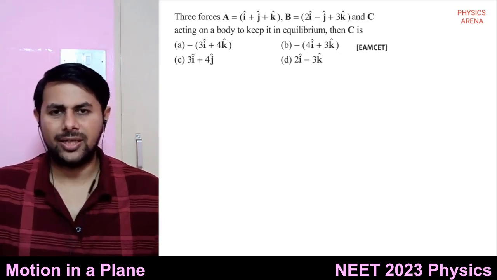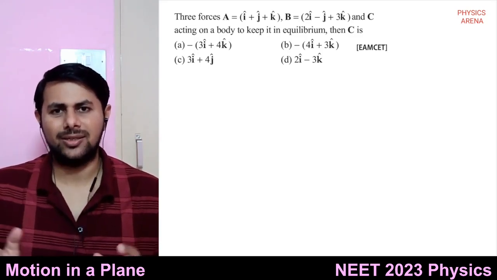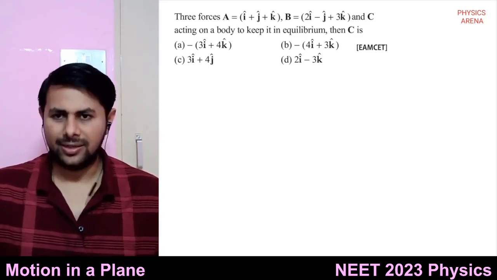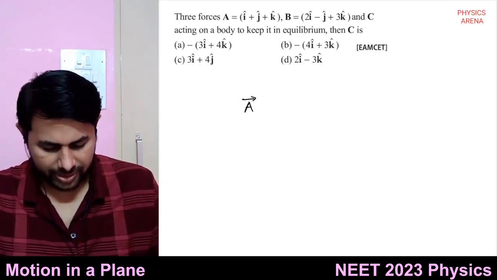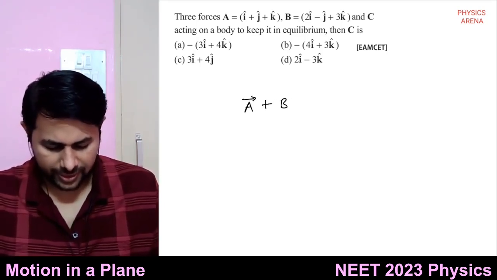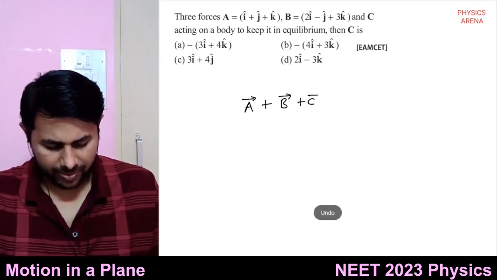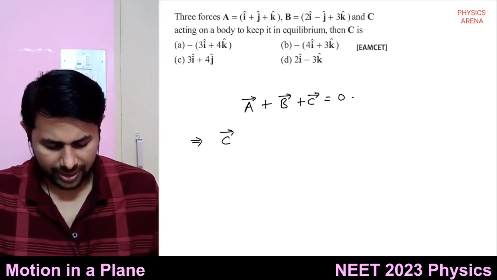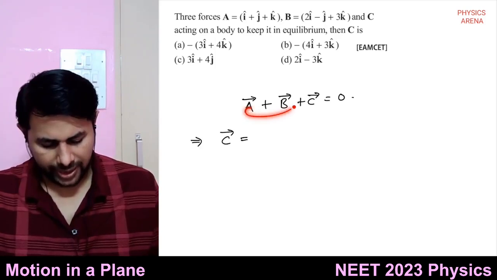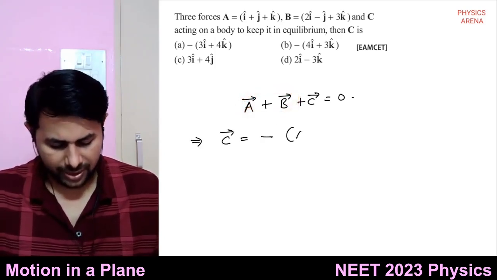If some body is in equilibrium, that means the sum of all the forces acting on that body is 0. So A bar plus B bar plus C bar is equal to 0 and you want C bar. So C bar is equal to minus of A bar plus B bar.